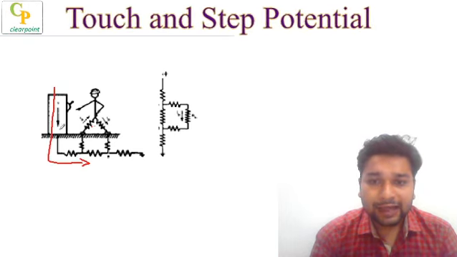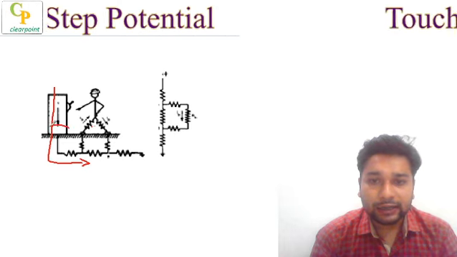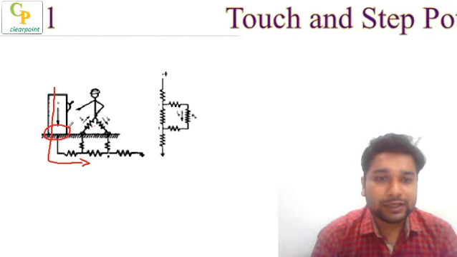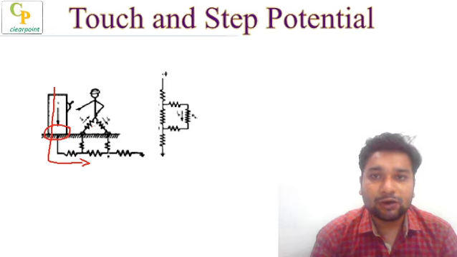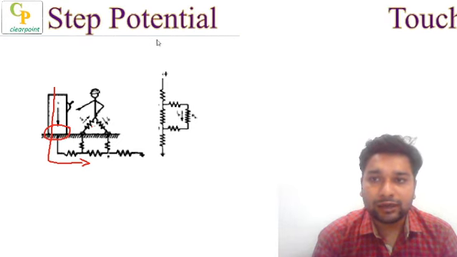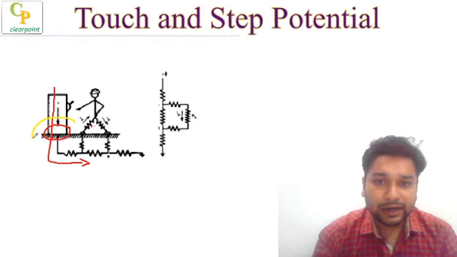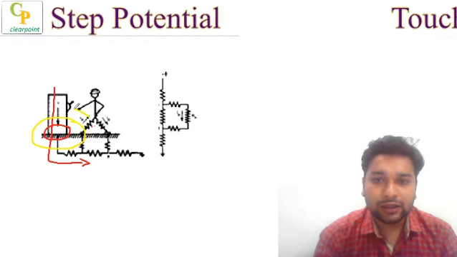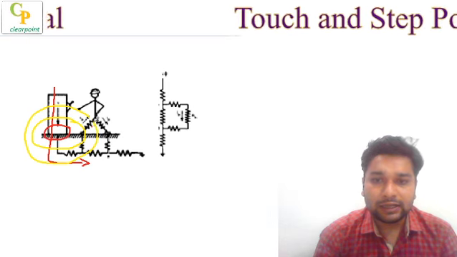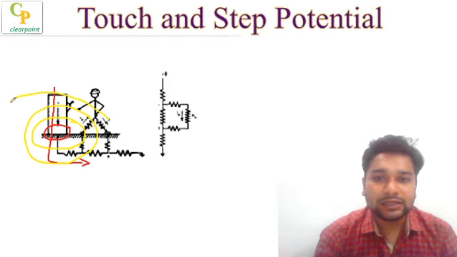Now as this is the faulted conductor, at this particular area we are having a center of connection. Around this center we may have an energized potential gradient in this way. So we can see that the earth is energized in a circular fashion.